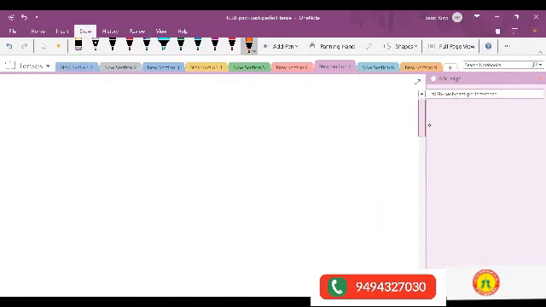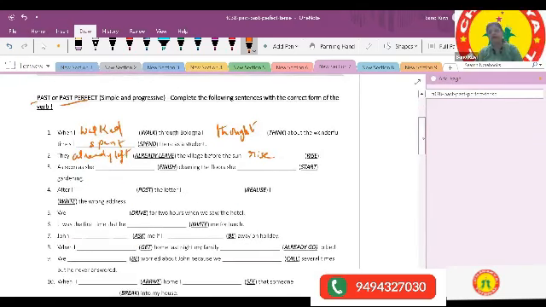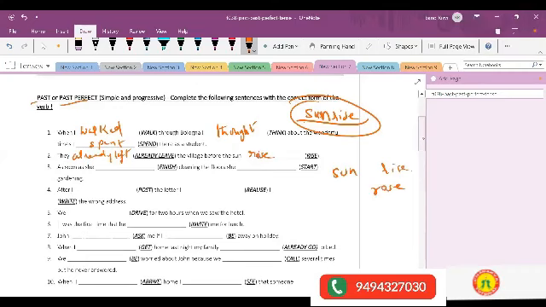It is rose, because we have sunrise, which is taken as a noun. I want to see sunrise. I want to see sunset, right? Before the sun rose. If it is together, we can write sunrise also. But if we take it separately, sun and then rise, then it will become rose. Okay, before the sun rose. It is rose here.